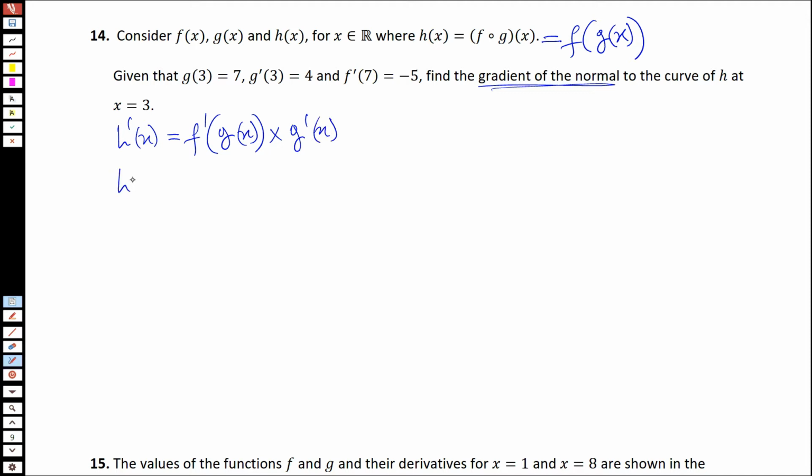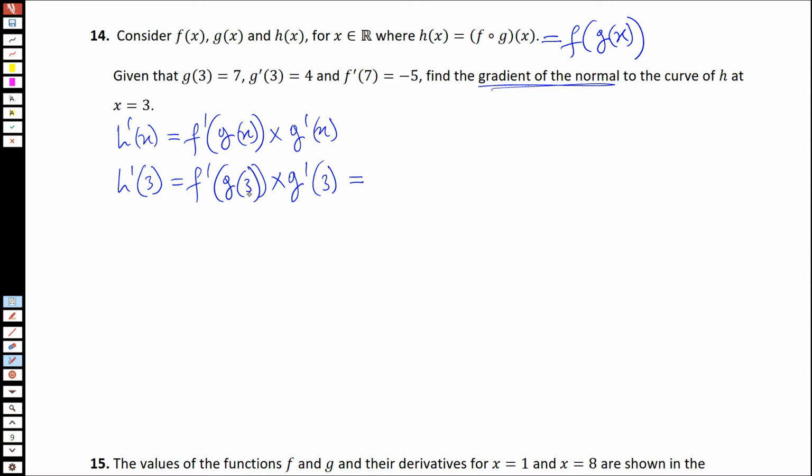So if we want to find the gradient of this function at x equals 3, that will be equal to f dash g of 3 multiplied by g dash 3. So we plug in.